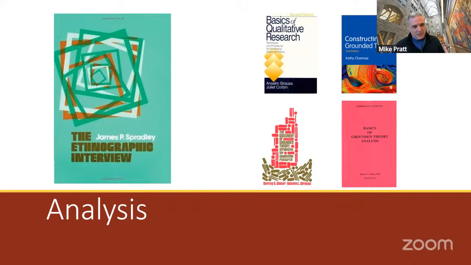So to make it simpler for the ethnographic analysis, I'm really going to use Spradley's work. He has a book from 1979 on the ethnographic interview, and almost the same book, I think it was Participant Observation, but they're very similar books. Look at his approach. And then grounded theory, largely from Glaser and Strauss and Corbin.